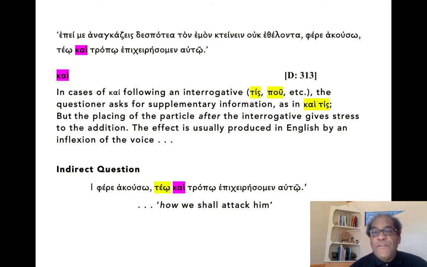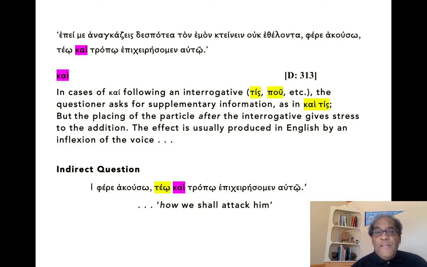Okay, so pere akouso. We've seen the use of pere right before an imperative or an imperative expression, and akouso, the hortatory subjunctive, let me hear, is such a word. But so here, what's doing with this kai, to o kai tropoi, epikheiresomen autoi?